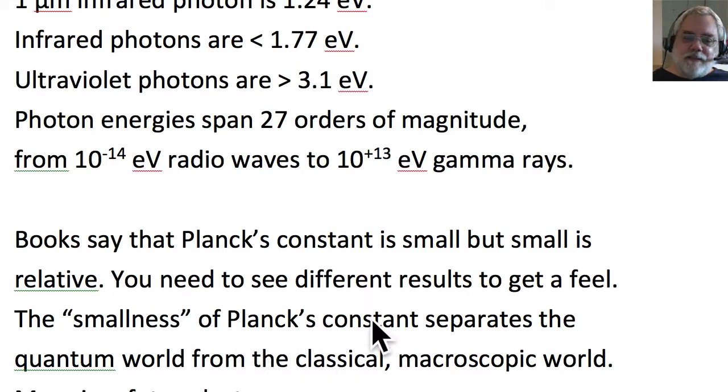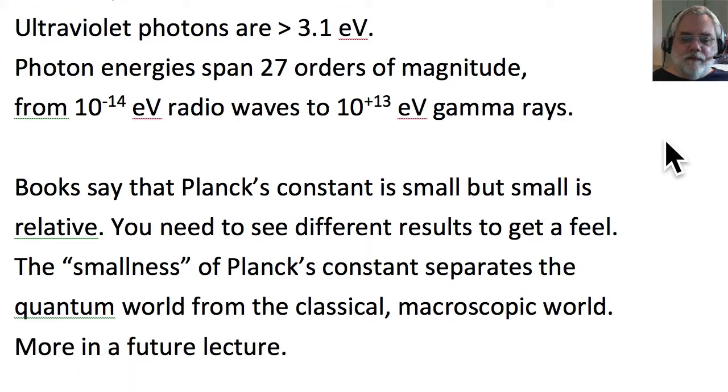So when we say that Planck's constant is small, we're kind of saying the de Broglie wavelength for macroscopic objects, baseballs, our bodies, is small enough that those objects are classical. But Planck's constant is not small when we talk about an electron in an atom. It's plenty big. So we have to be careful when we say Planck's constant is small without saying smaller than what. We will talk about this in a future lecture.